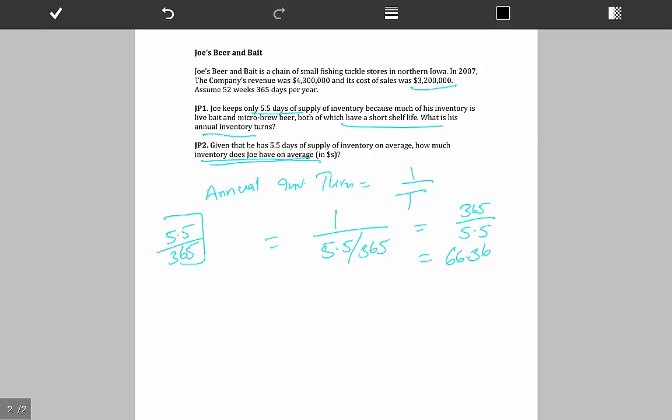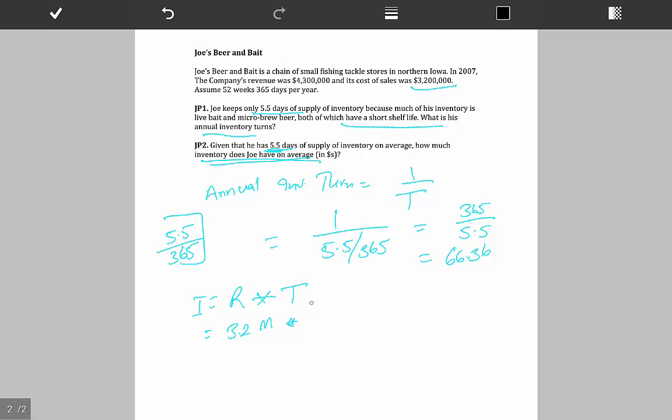The next question is, given that he holds 5.5 days of supply of inventory, how much is that in terms of dollars? Well, that is the interesting problem in this case. So he holds 5.5 days' worth of supply. Well, you can use I equals RT. We know R comes from COGS, which is 3.2 million. T is 5.5 days, but you need it in terms of years.